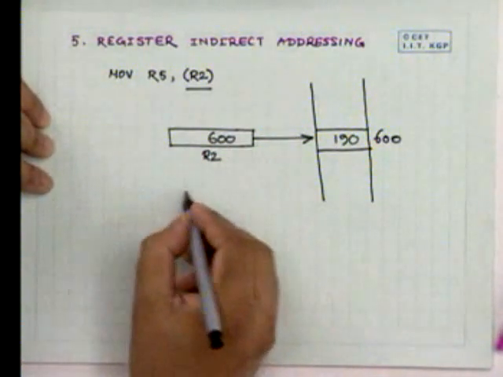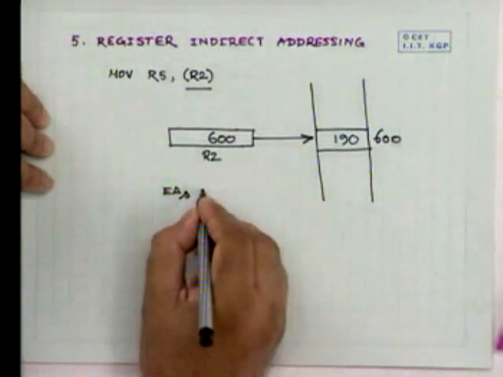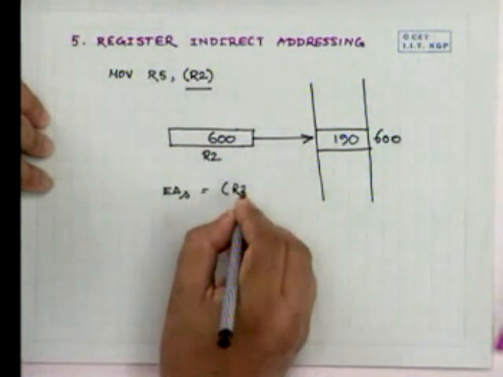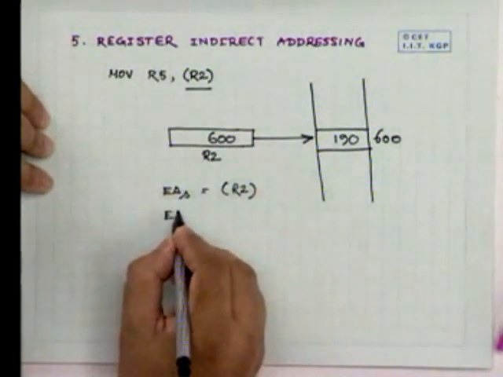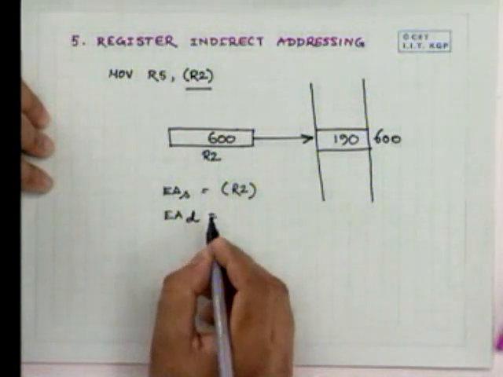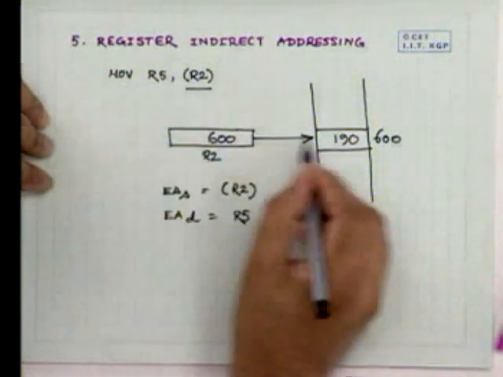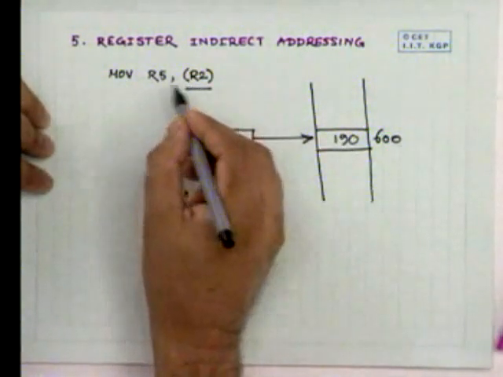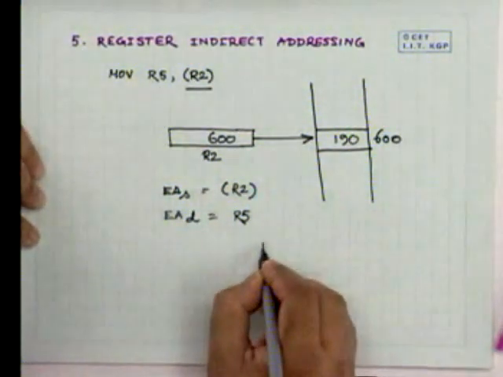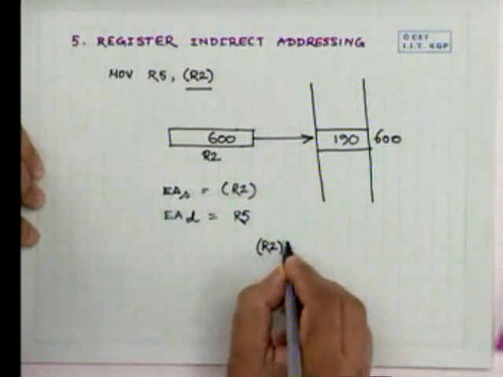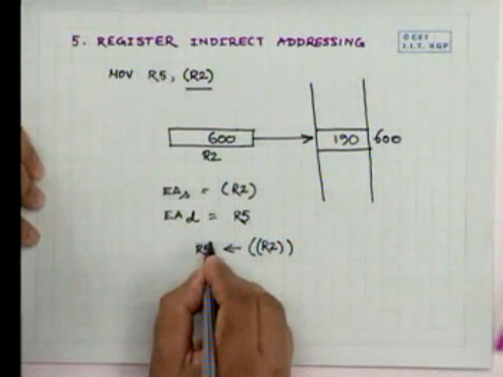Therefore, the effective address of the source is the content of R2. Now, the effective address of the destination here is R5. Therefore, this move statement moves 190 into R5. So the operation can be thought of like this: the content of R2 is moved as the content of R5.